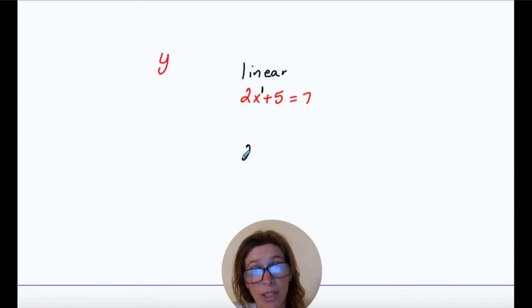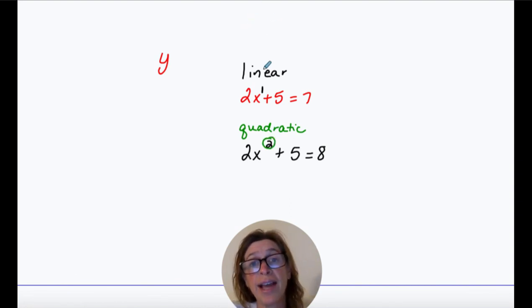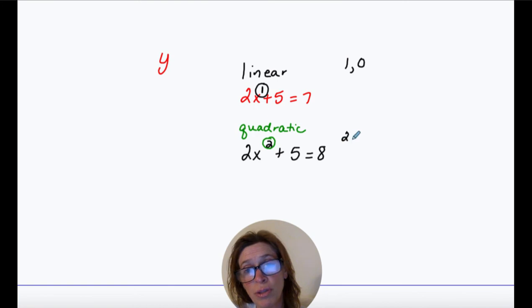But if I made this 2x squared plus 5 equals 8, this would be a quadratic equation because the highest exponent is 2. And what you're going to learn this year is that the exponent tells me approximately how many solutions I could have. So if it's linear, I could have 1 solution or 0 solutions. If it's quadratic, I could have 2 solutions, 1 solution, or 0 solutions.